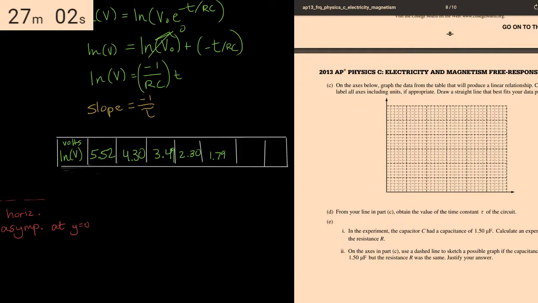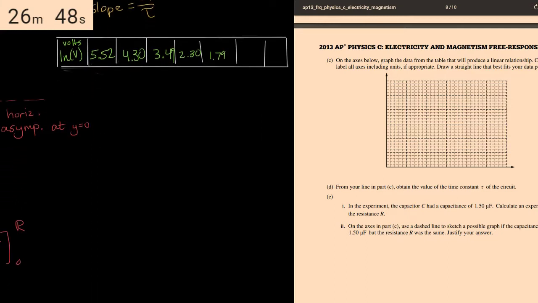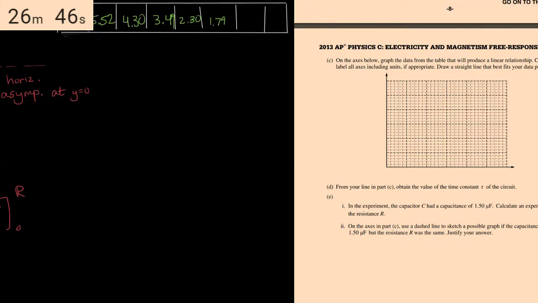All right, let's scroll down. On the axes below, graph the data from the table that will produce a linear relationship. Clearly scale and label all axes, including units, if appropriate. Draw a straight line that best fits your data. So let's scroll down here to get a nice graphing place and give ourselves plenty of room.